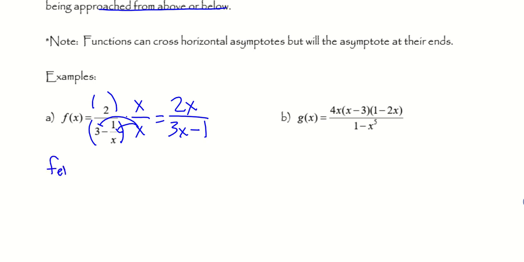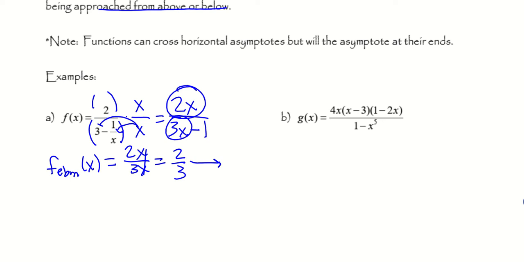My end behavior model for f will be the quotient of my leading terms, so that'll be 2x over 3x. The x's divide out, and that is 2/3. The fact that this is a constant tells us that we have a horizontal asymptote at y equals 2/3.